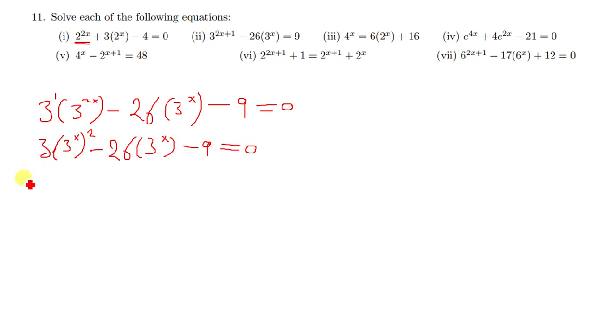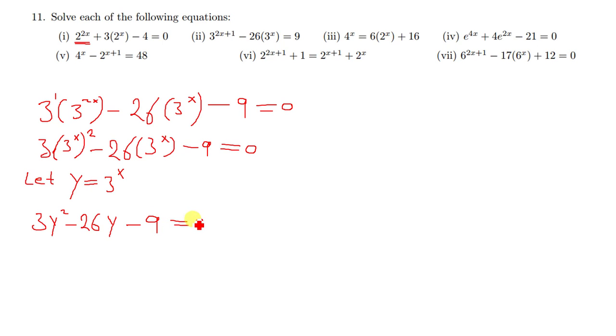From there you say now let y be equal to 3 raised to power x. Where there's 3 raised to power x, we put y. So I'm going to have 3y squared minus 26y minus 9, equal to 0.